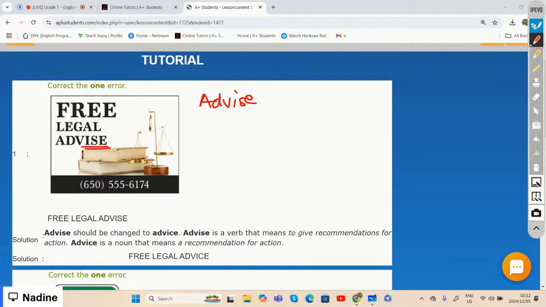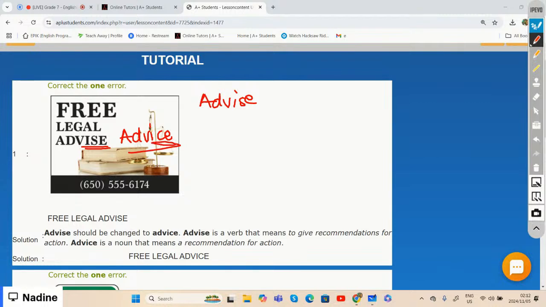It's a verb. It's me giving you recommendations, like why don't you rather do something like this. That is advising you. But if they say you need free legal advice, then this is the word we need to use: free legal advice.